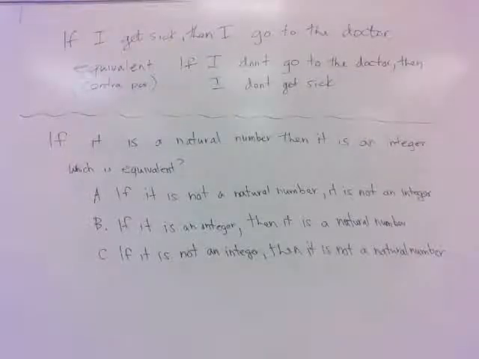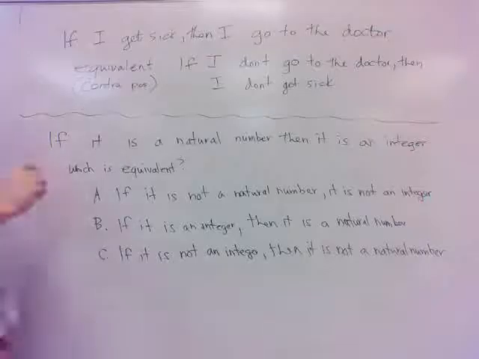Well, the key is you don't want to overanalyze this. Now, since this is a conditional statement, and I'm asking you for an equivalent statement, I'm looking for what? Well, close. It needs to be the contrapositive, doesn't it?